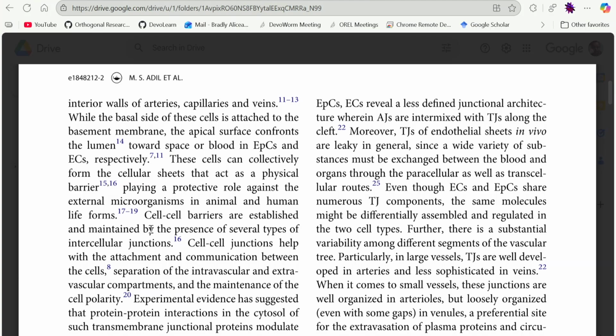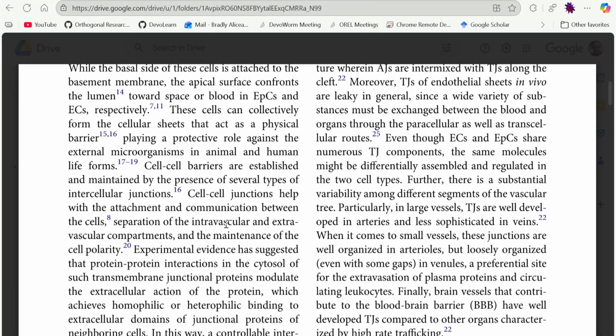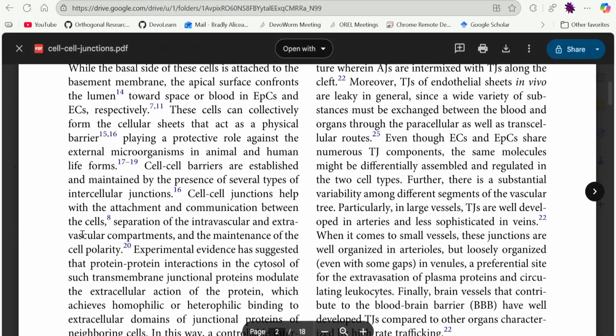Cell-cell barriers are established and maintained by the presence of several types of intercellular junctions. Cell-cell junctions themselves can help with the attachment and communication between the cells, separation of the intravascular and extravascular compartments, and the maintenance of cell polarity. So this is all the kind of thing that you need to get differentiation and development.